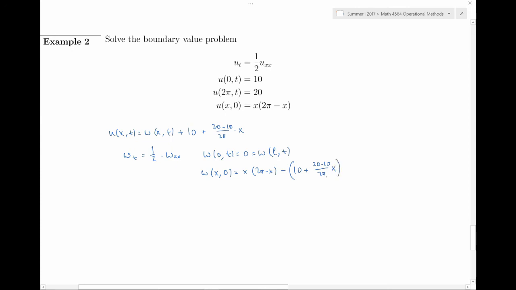And then all I have to do is to use the same solution technique that I used in my previous lecture on the zero temperature ends problem.